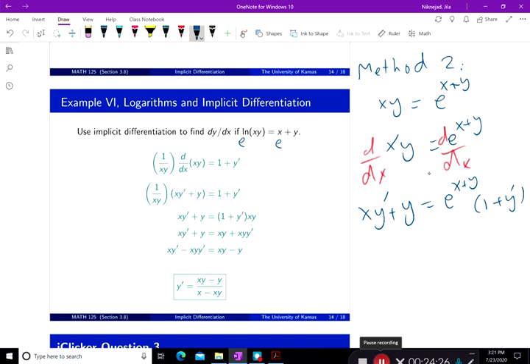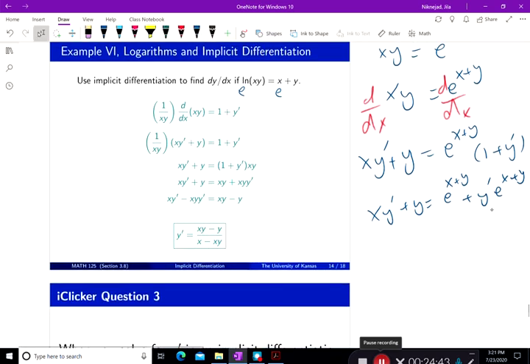And now solving through this, xy prime plus y equal to e to the power of x plus y plus y prime e to the power x plus y. And putting y prime together and y together, the rest together. Oops, sorry, there should be a negative sign.